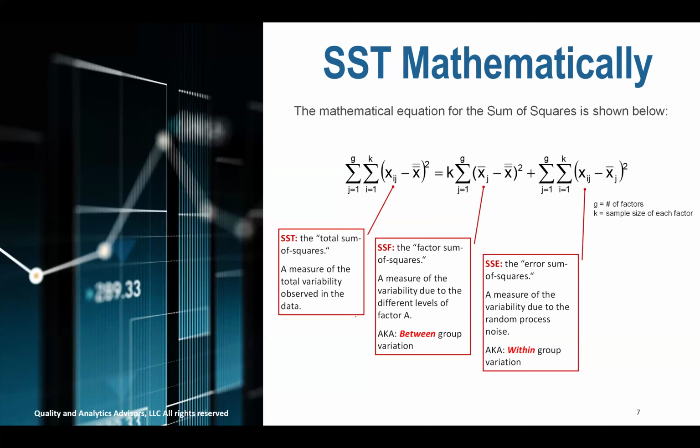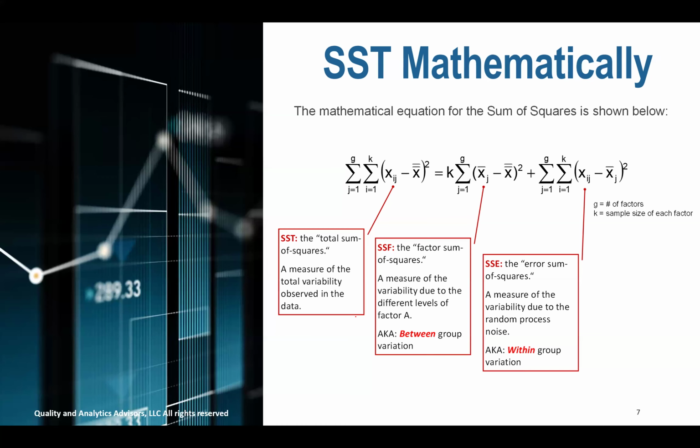So to be able to do that, what we need to do is to calculate how much the design contributes to the variation in distance. We need to calculate the sum of squares for the factor, and this is going to represent a measure of the variability due to the different levels of factor A. In other words, this is also known as between group variation.